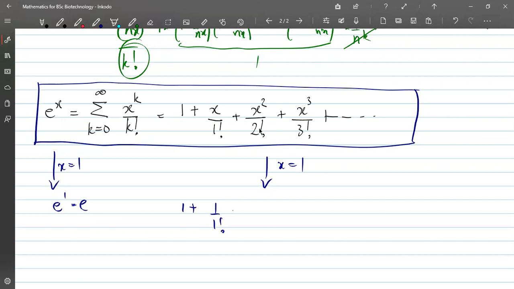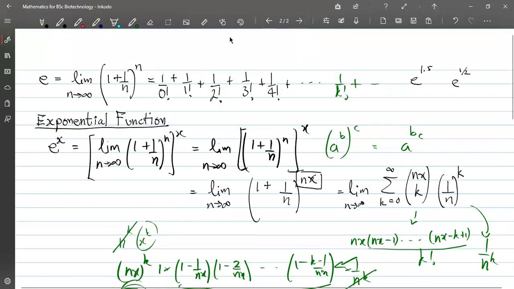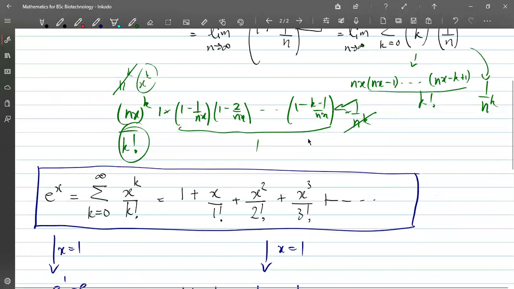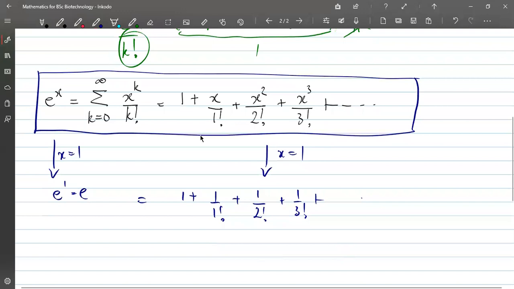X square upon 2 factorial becomes 1 square, which is still 1, upon 2 factorial. Then 1 upon 3 factorial, and so on, which is exactly our initial definition of e, or the initial series that we got for e. This series is exactly what we get if you put x equal to 1 in this general function, right?